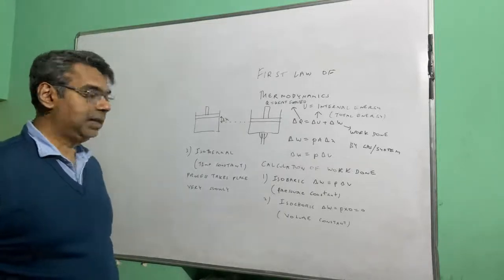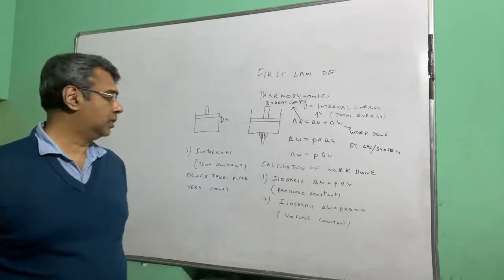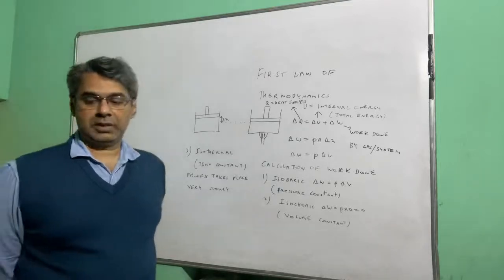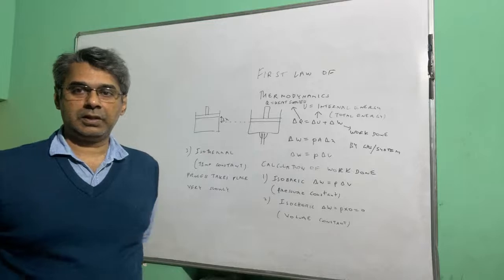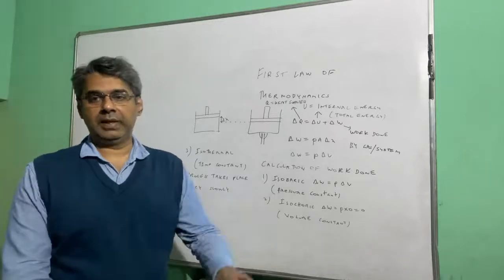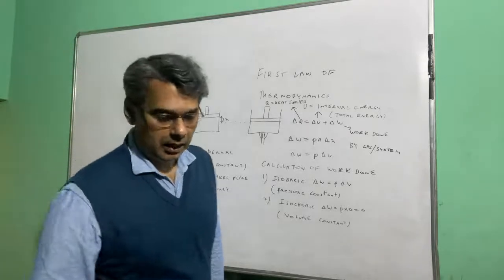Isothermal means temperature is constant, but either they will directly say it's isothermal, or they will say the process takes place very slowly. In that case also we can take it to mean that it is isothermal.